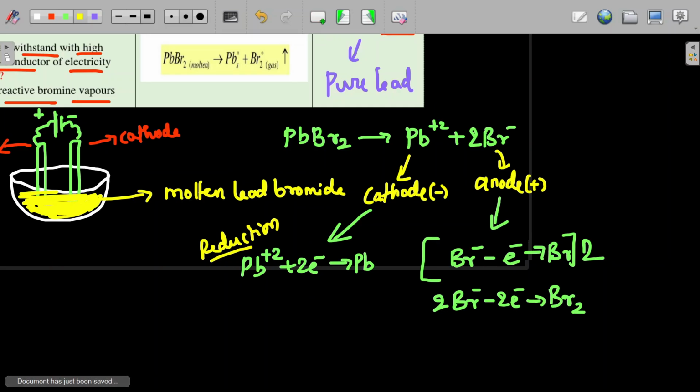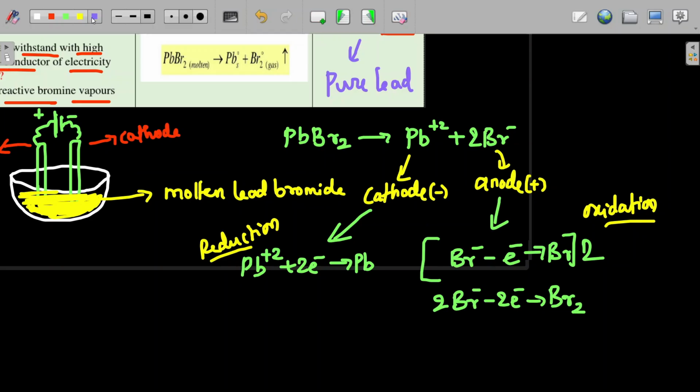Here it will gain 2 electrons. Whereas bromide has an excess of electrons, therefore it is a negative ion. So it will undergo oxidation at the anode. Where does oxidation take place? CNR POW. POW means positive anode oxidation. So at the anode, oxidation takes place, and it will lose the electron.